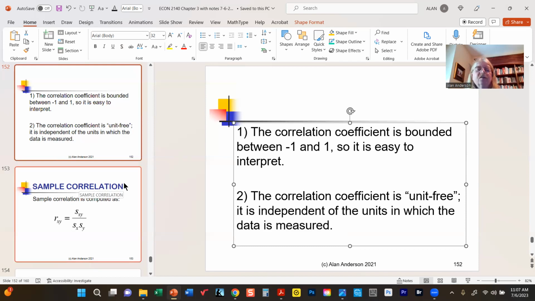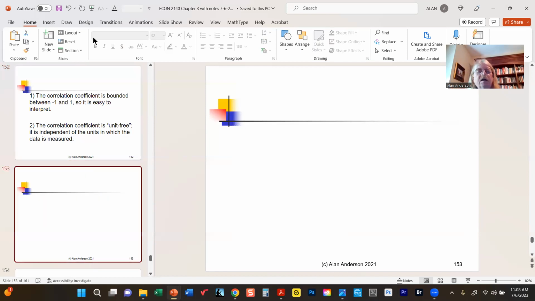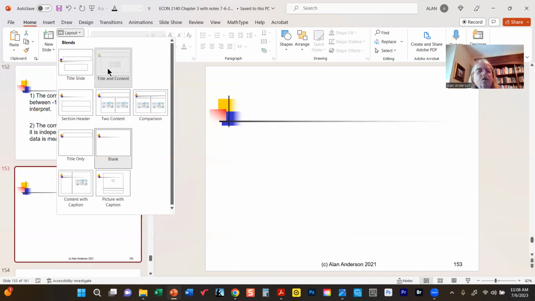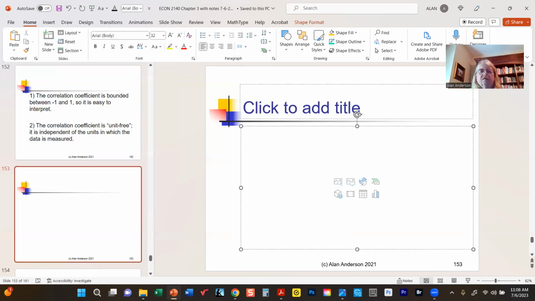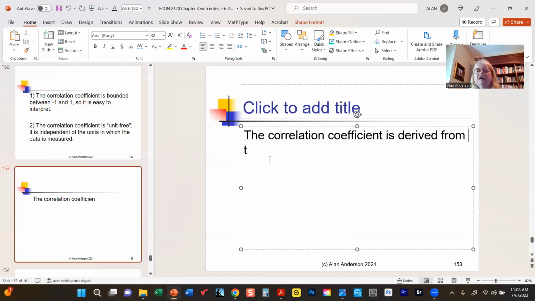Now, you might ask yourself, why don't we just dispense with the covariance altogether? Well, here's why. The correlation coefficient is derived from the covariance measure.